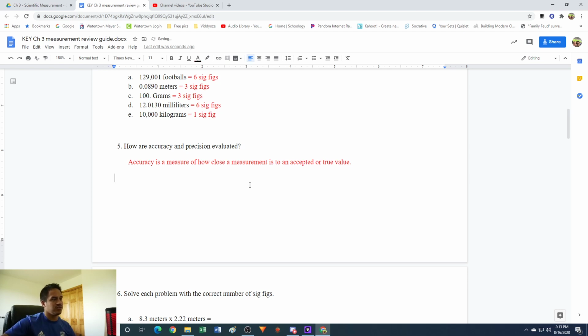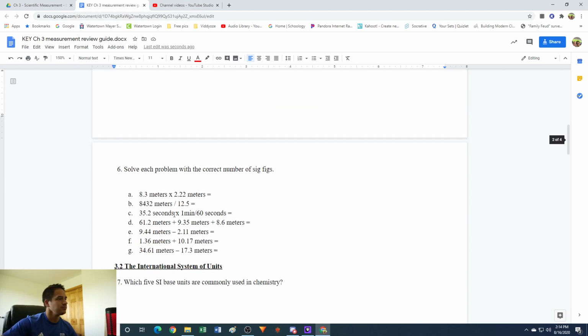Precision is a measure of how close a series of measurements are to each other. So accuracy is how close one measurement is to the accepted value. Precision is more about how multiple measurements relate to each other in terms of how close they are.